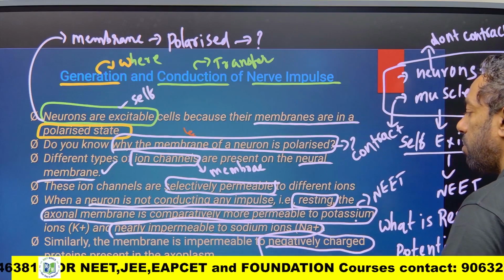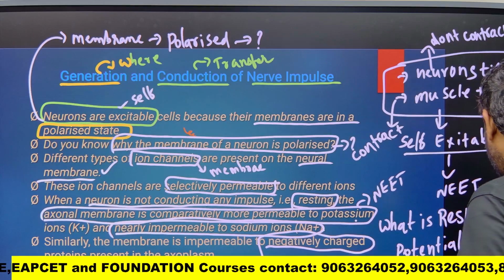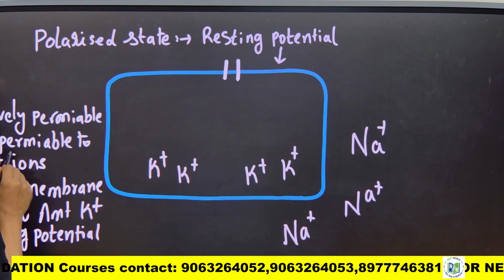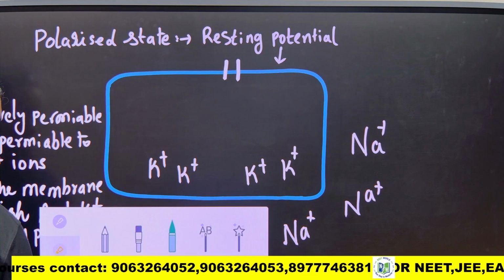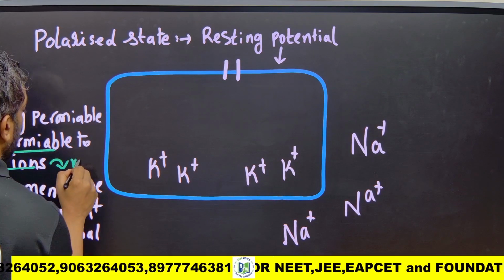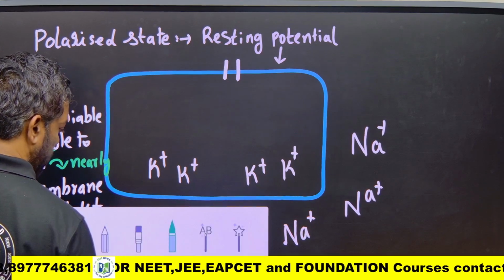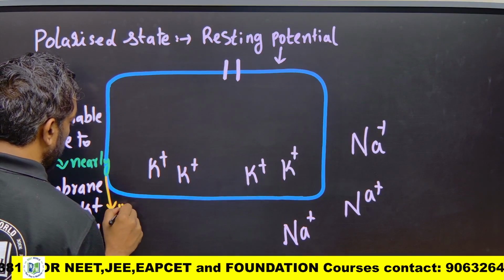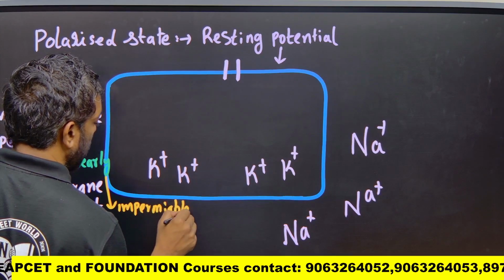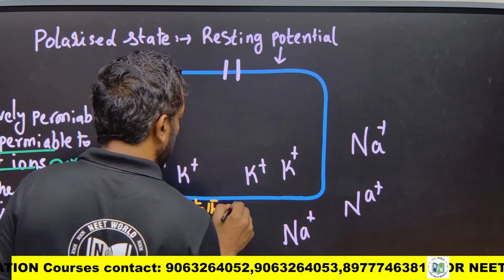Similarly, the membrane is impermeable to negatively charged proteins in the cytoplasm. So it is most permeable to potassium and nearly impermeable to sodium.